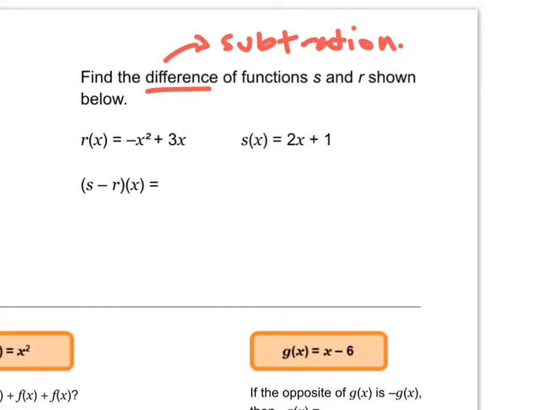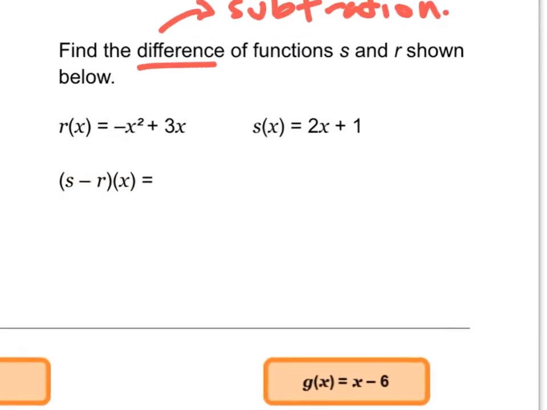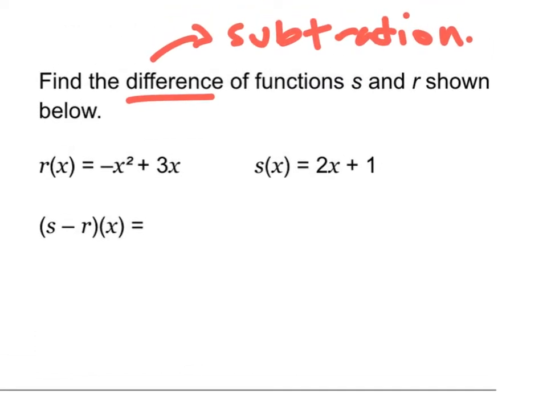So in this example, we have two functions. We have this function r, which is -x squared plus 3x, and we have this other function s of x, which is 2x plus 1. And what we want to do is take function s minus function r of x. So let me rewrite this so it looks a little bit better and easier. Let me rewrite this as s of x minus r of x.